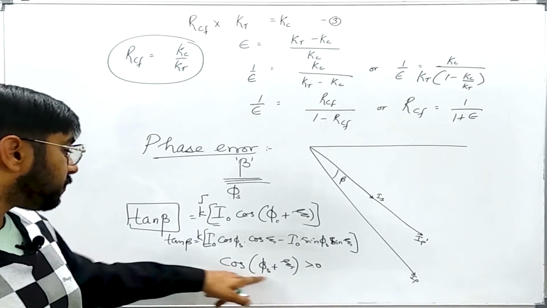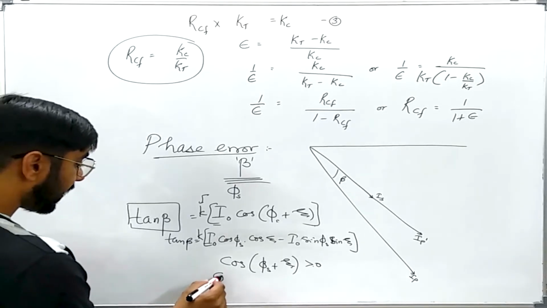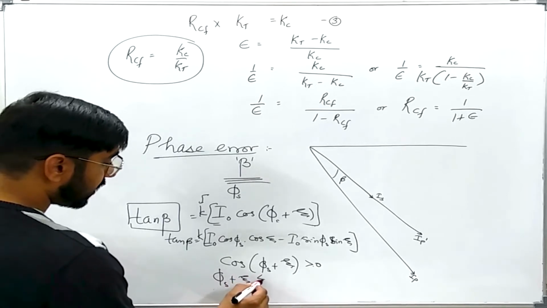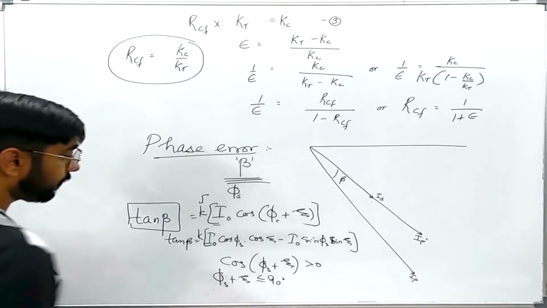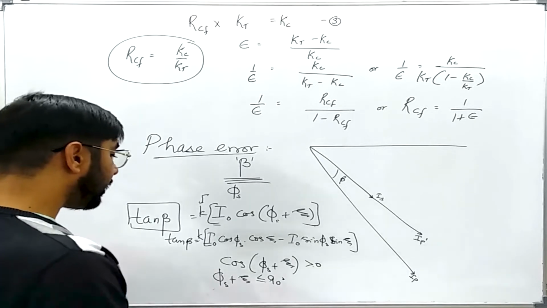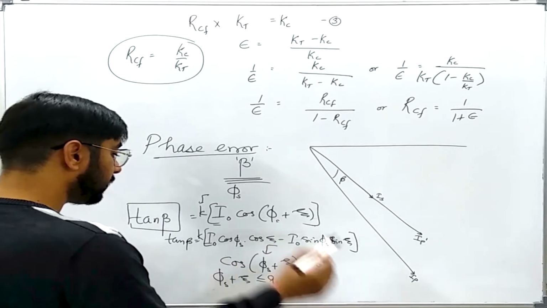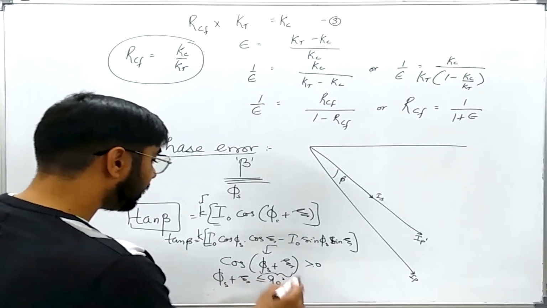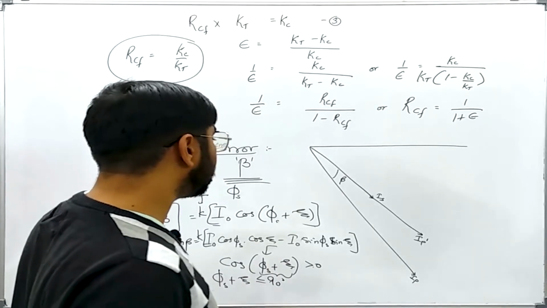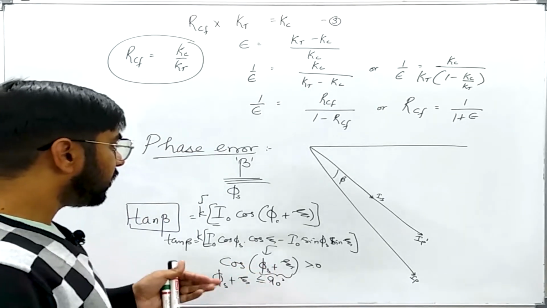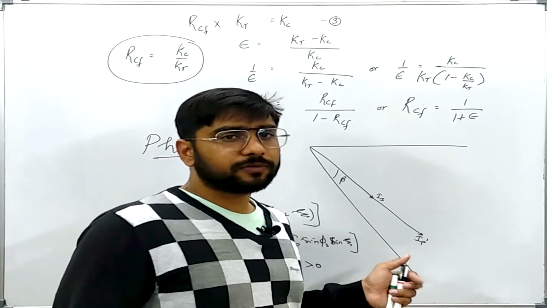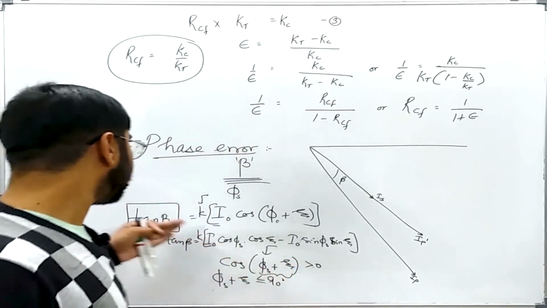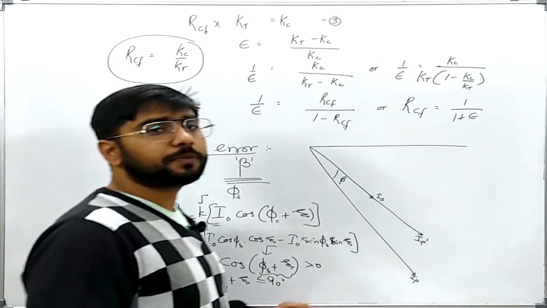Now this is positive whenever phi s plus zeta is less than or equal to 90 degrees, and it will be negative when this total sum is more than 90 degrees. So in that case, for a normal lagging load which is usually there on the CD terminals, tangent beta, or the beta, is going to be positive.